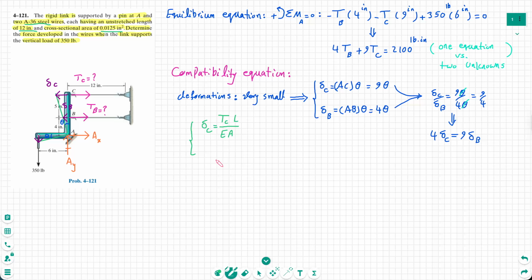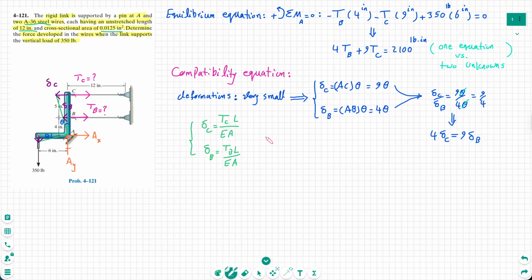I can write a similar thing for delta B. Delta B is also the axial displacement of this wire, that is TB L over EA. If you look at the question, you see that L, E, and A are the same for both wires because they have the same material, A36 steel, the same cross-sectional area, and the same initial length, that is 12 inches.